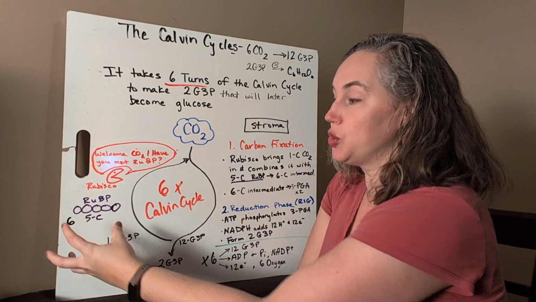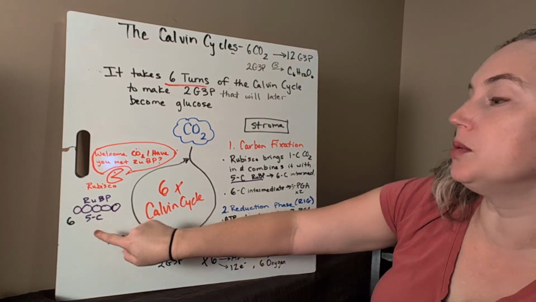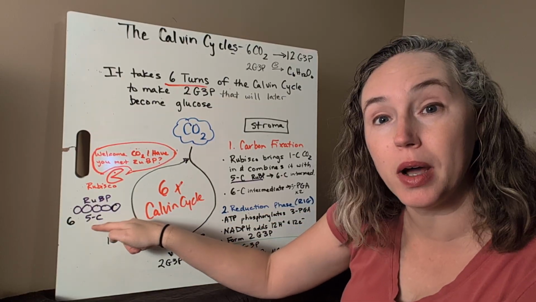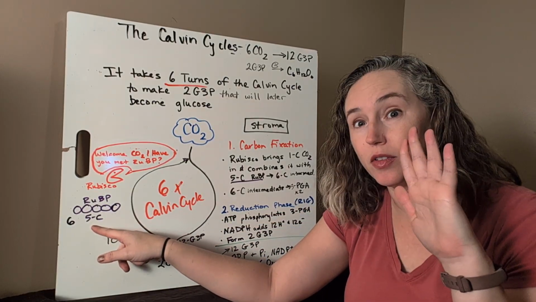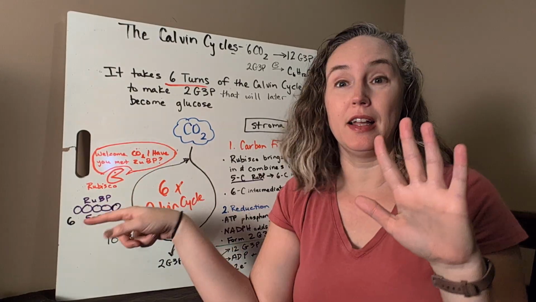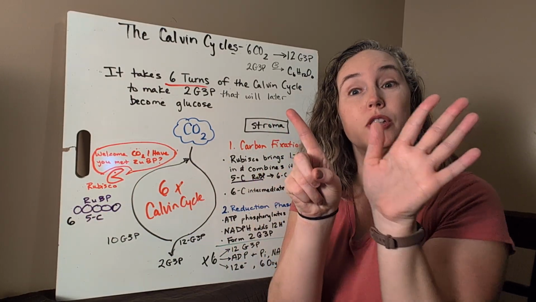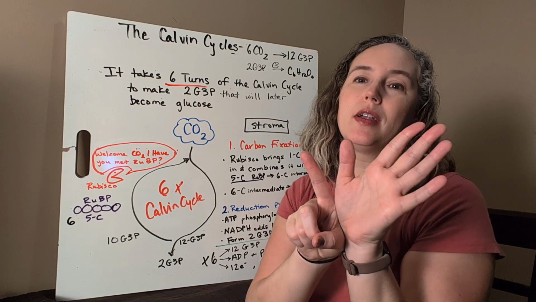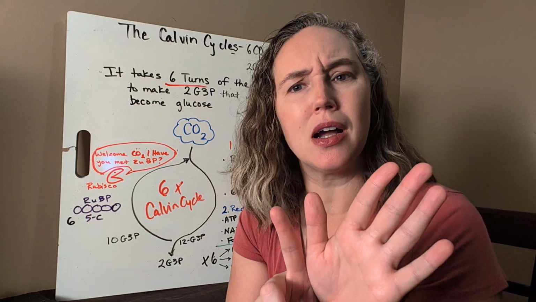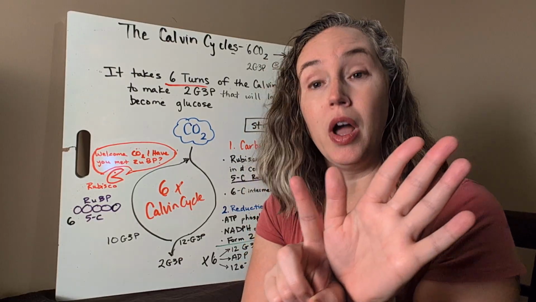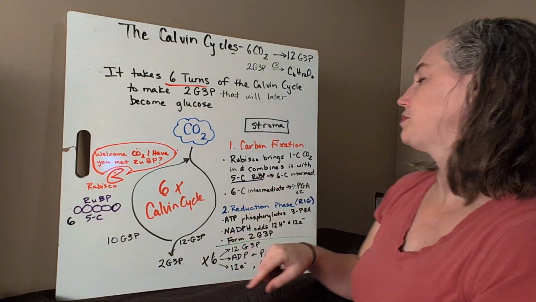So it's going to bring a 5 carbon molecule called RuBP. It's going to be like, hey, have you met CO2? Oh, and they're going to join and become a 6 carbon intermediate. This is not glucose. No, this is just the beginning.